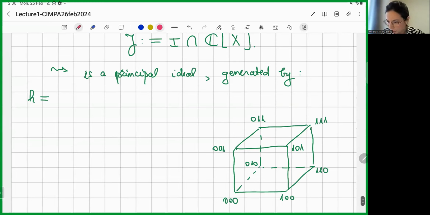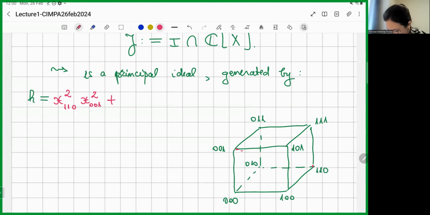So we will have, let me write the first part. For instance, we will have x110 squared x001 squared, plus. So we see 110 here and 001.